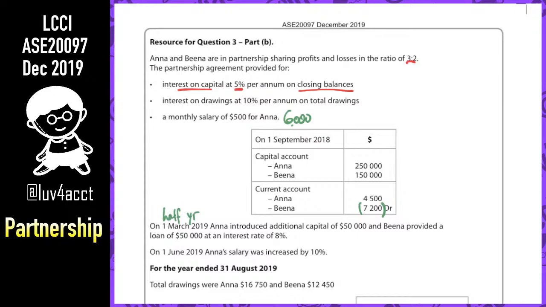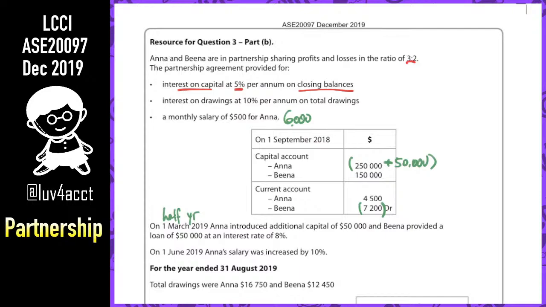Anna introduced additional capital of 50,000. So later when we calculate interest on capital, make sure we use the after adjustment balance, because it's at closing balance 5%. And Bina provided a loan, 50,000 at an interest rate 8%.